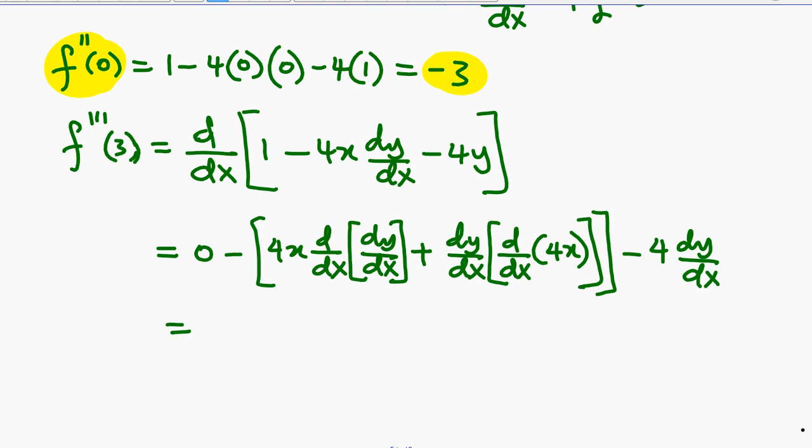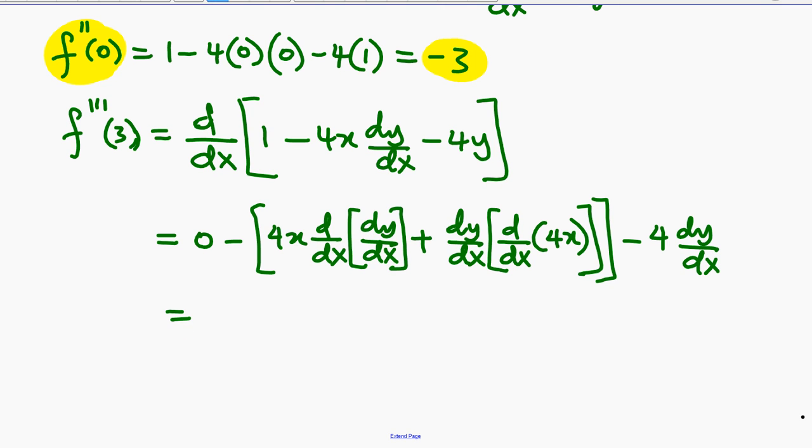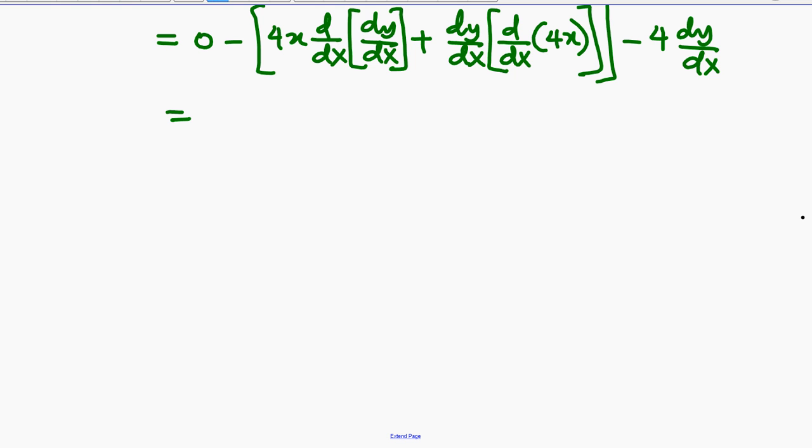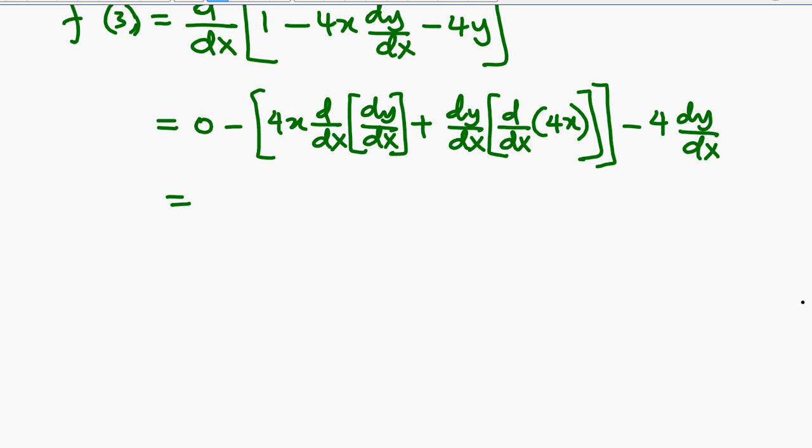Okay, let's carry on. So if you simplify this, you'll end up with negative. I just need to simplify this bracket.